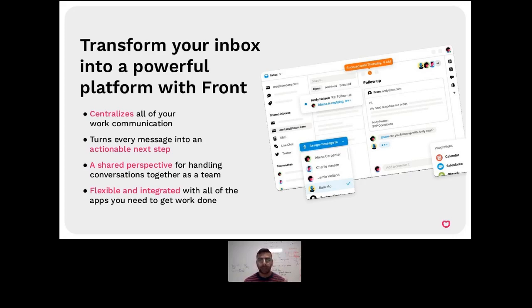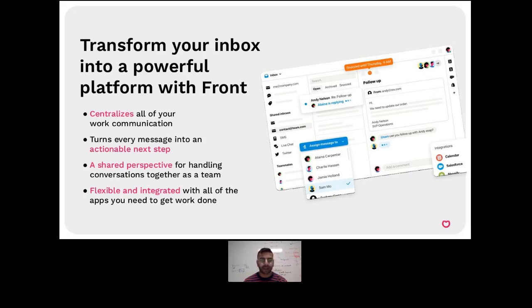So you could have your email communication, your SMS, your chat, maybe even your social media communications, all within that same view, and toggle between one and the other very quickly. And so you have this sort of consolidated customer communication platform where you could also communicate internally as well. You could turn every message into an actionable next step, and we'll go deeper into that. You have a shared perspective for handling conversations together as a team.